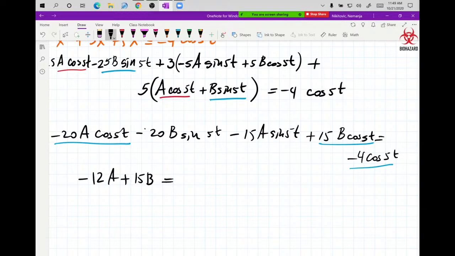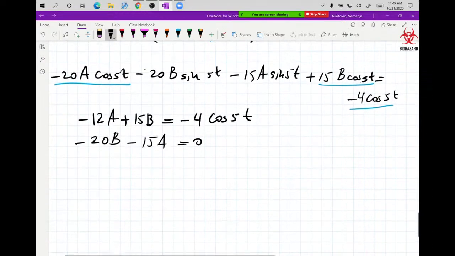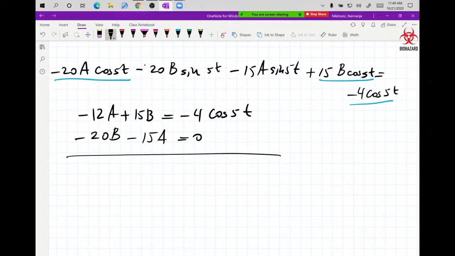Okay, so let's go. I'm going to put all of these together, cosine 5t, and then we have negative 20b for the sine minus 15a equal to 0. And we just fix this the best we can, and we go from there.